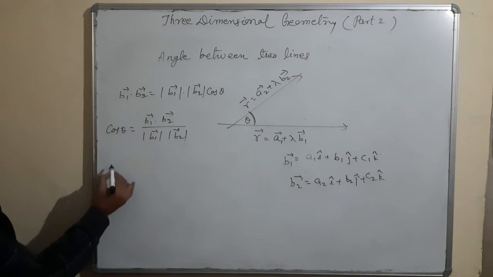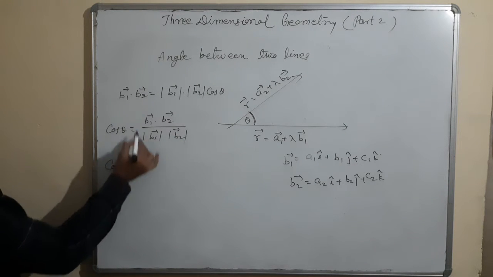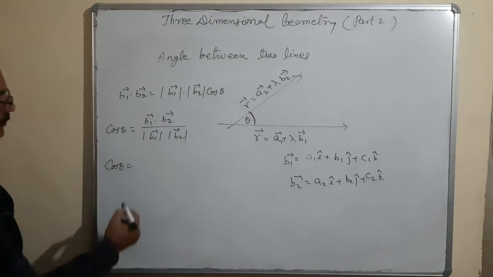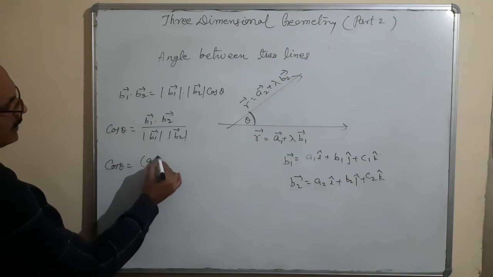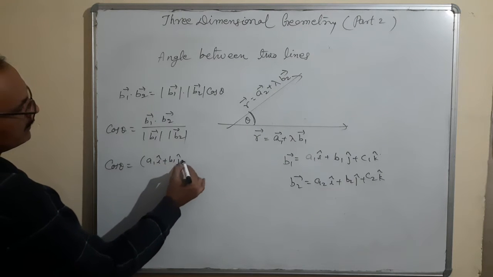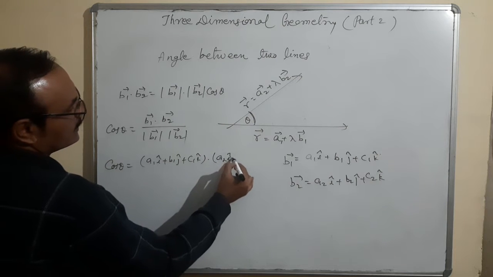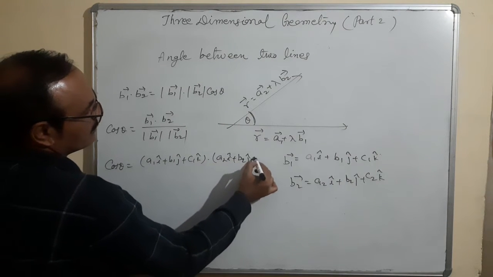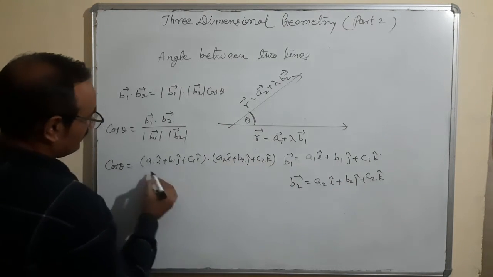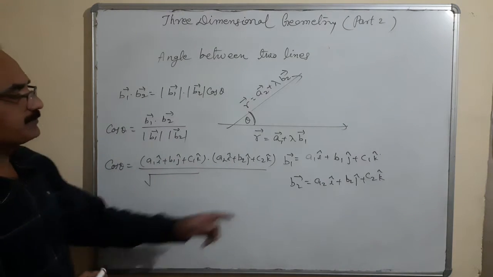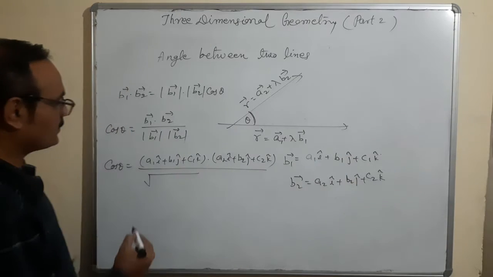Putting in the values, B1 dot B2 is A1 i plus B1 j plus C1 k dot A2 i plus B2 j plus C2 k, upon magnitude of B1, which is the square root of A1 square plus B1 square plus C1 square.